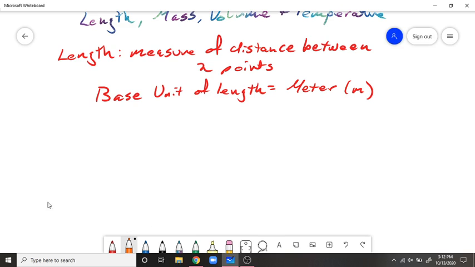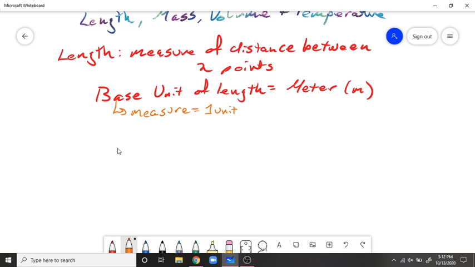We said that the unit of length is a meter. The base unit has a measurement of 1 unit. So in the case of length, it's a meter. For mass, it's grams, and for volume, it is liter.